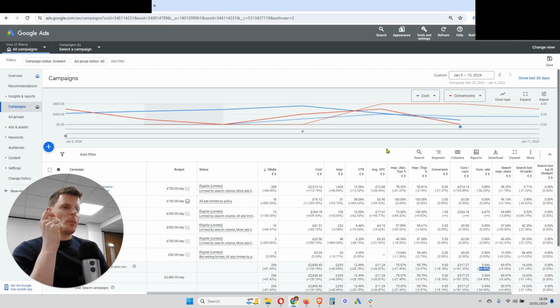So this is part of the test, and if you get these types of results, the next thing to do is to test a lower target. So if you increase from 150 target CPA to 200, and 200 is not really generating anything extra, then you can dial it back to 175.